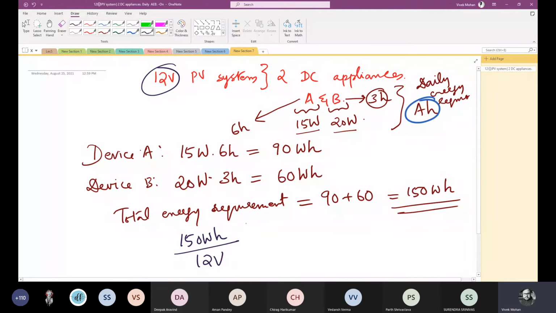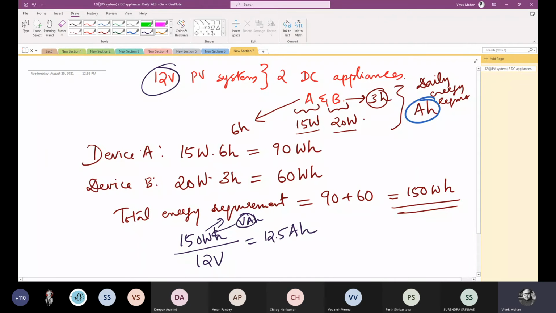So this is a DC system. We are dealing with a DC system. So watt hours, basically what it means is VAH. Volt ampere is equal to watts here, because it's not an AC system, it's a DC system. So this will give you energy requirement in AH. What is the value here? 12.5.